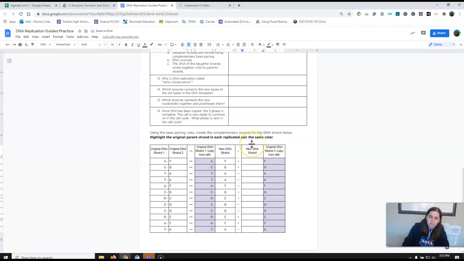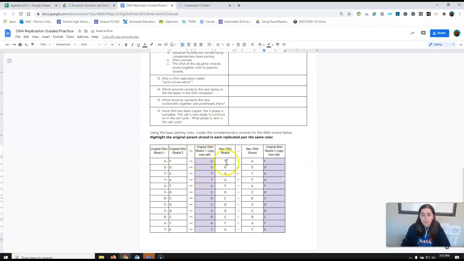Then we're going to get this one, and we have A bonds with T, because we're looking at the parent strand here. C bonds with G, T again, A bonds with T, C bonds with G, G bonds with C, C bonds with G, G with C, A with T, and T with A. And that's all you have to do for that one.